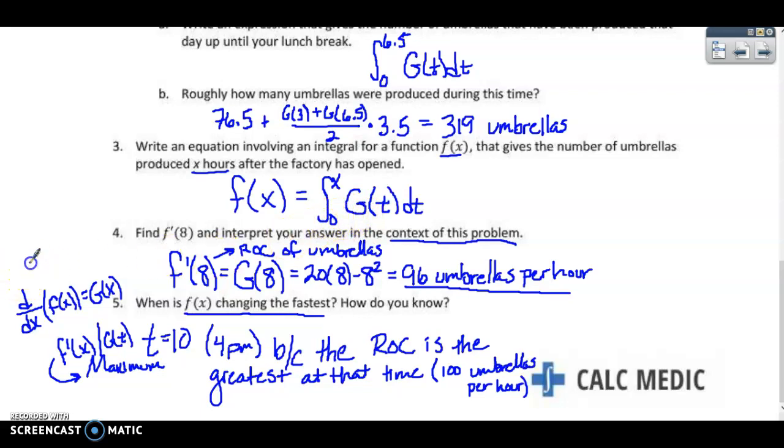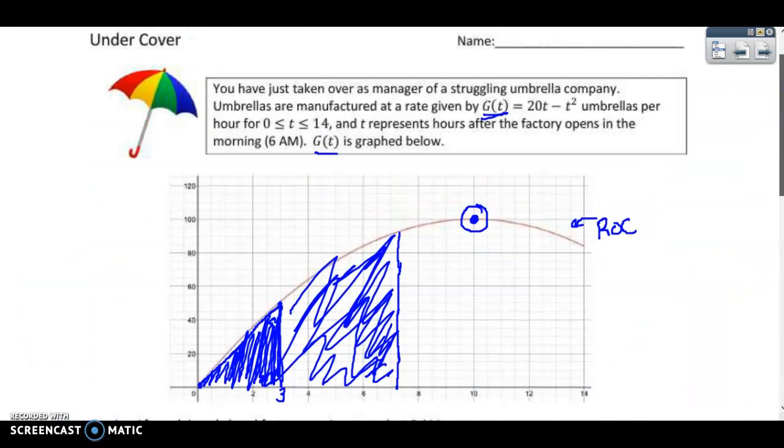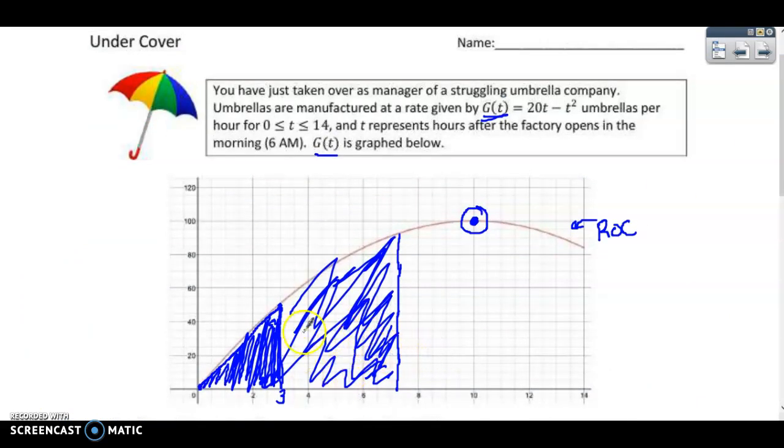Let me write an example of this. For instance, f prime of 8 is equal to g of 8, the rate of accumulation at that time. So this is showing us our rate of change, and we're relating this function so that when we find the area under the curve, we get the accumulation of umbrellas. But when we look at just any particular point in time, we're looking at the rate of change at that point in time. Okay.